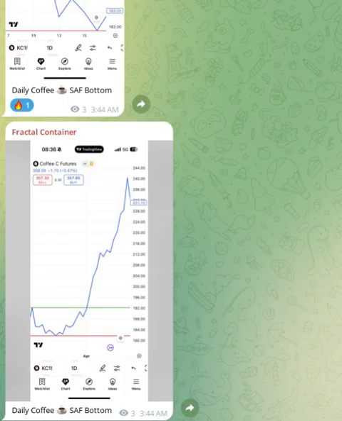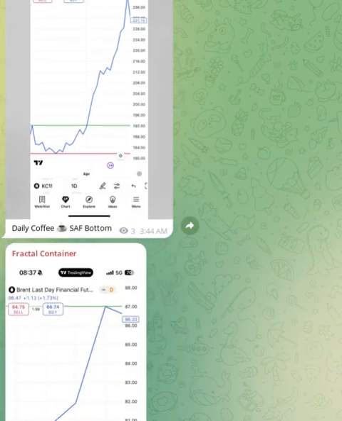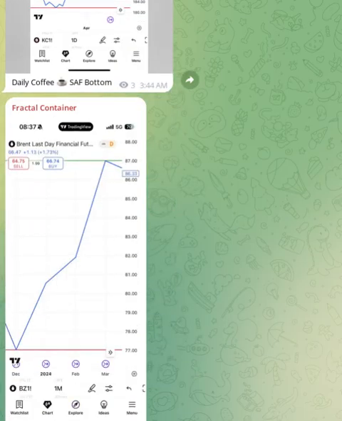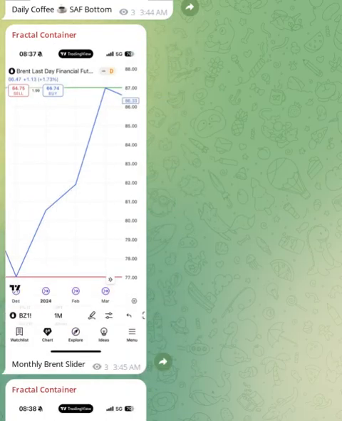So what we're doing here, we're identifying the common fractals that you can find in our fractal container. Again, that's being monitored and developed by Neil Campbell from the UK, and he'll point them out to you. Now, this typical Brent slider. Okay, so we're expecting the top here and the top here. Now, when we say top, we mean a turn.